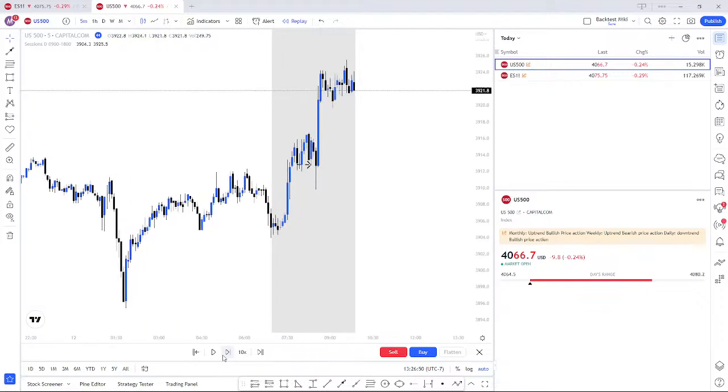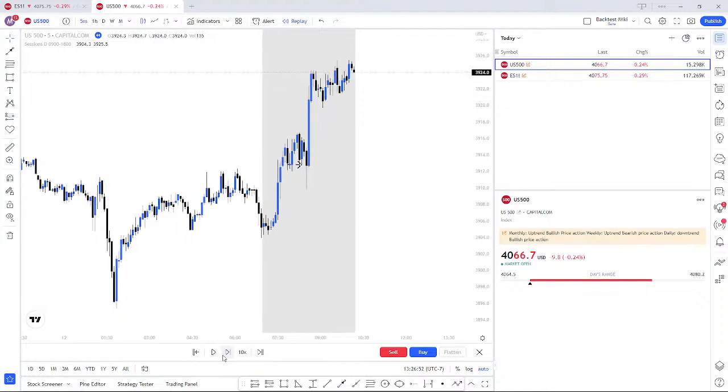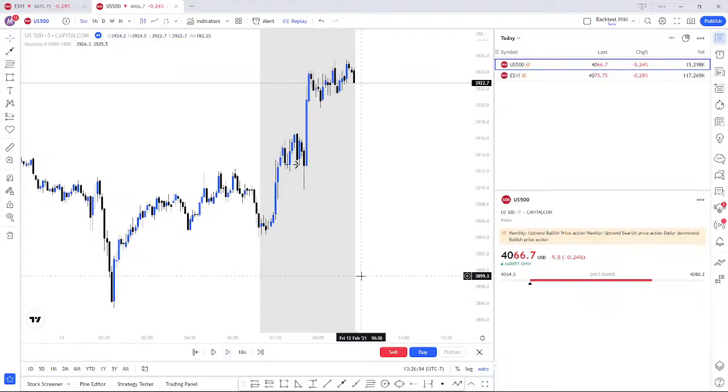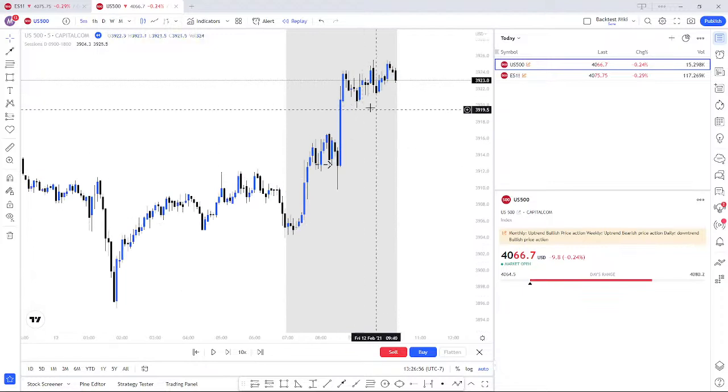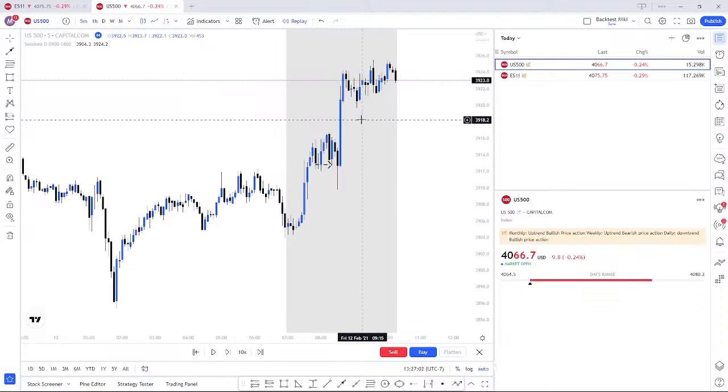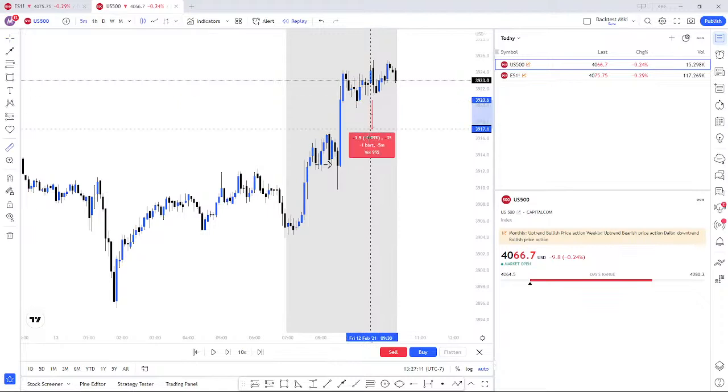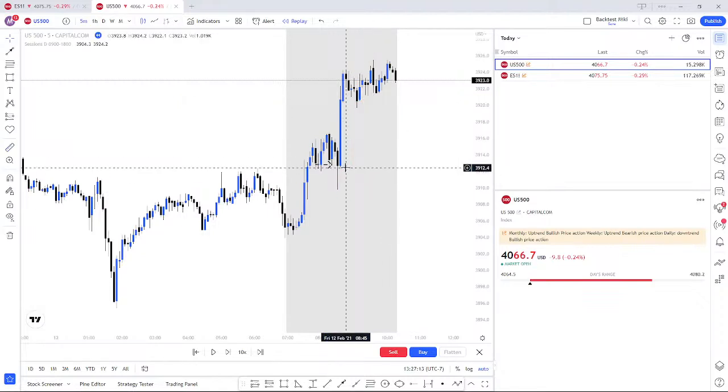So it's really interesting here. Also looking to add to our long. So if a low has formed here, bounced off, pulls back down here, bounced off. So this low has been tested and certified basically. So the risk will be down here, this blue candle.